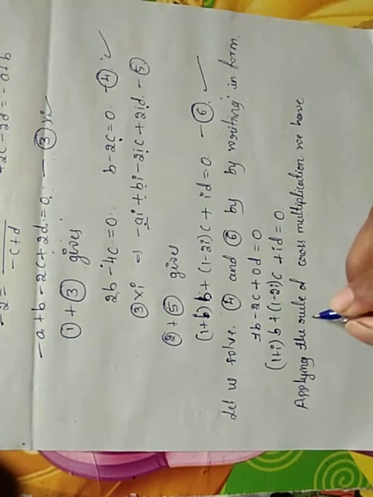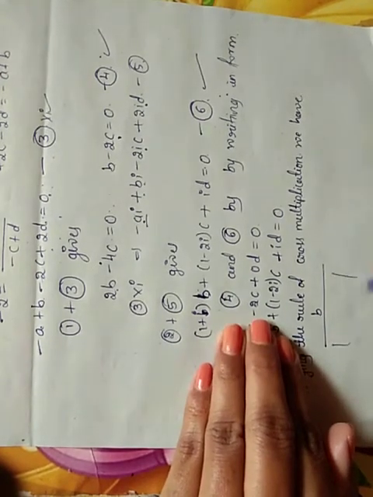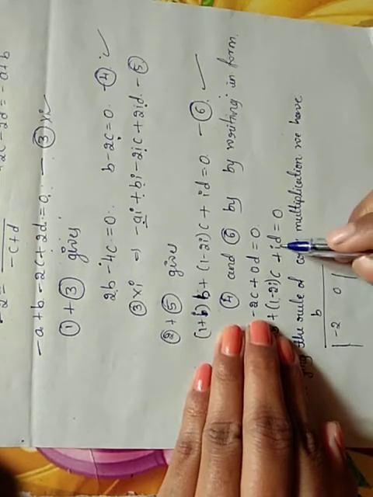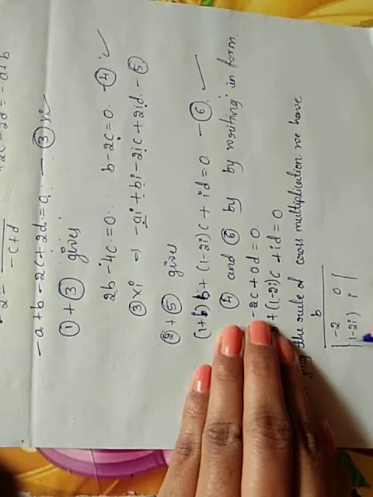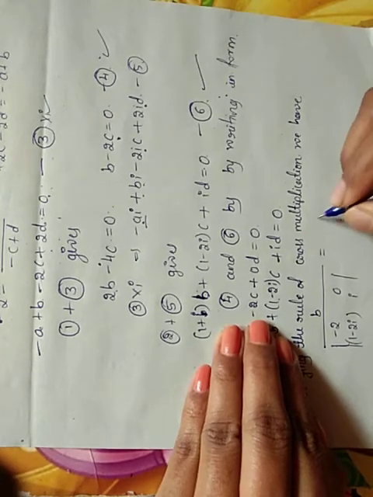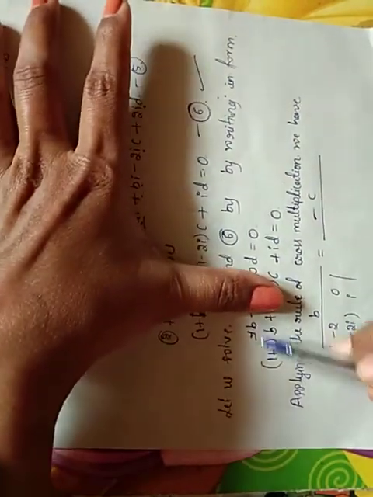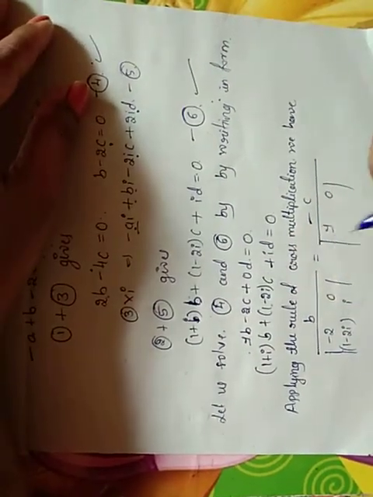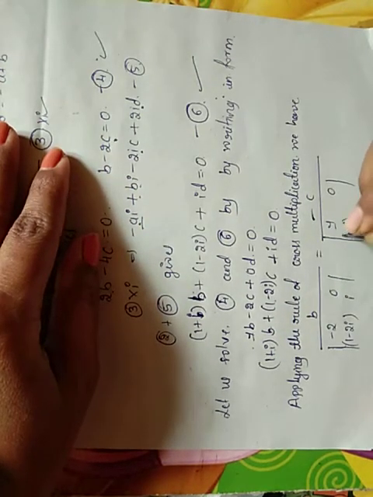b, c, d are the unknowns here. So b divided by, close the b here, determinant of minus 2, 0, 1 minus 2i, i. Next minus c divided by, close the c here, coefficient of b is 1, coefficient of d is 0, coefficient of b is 1 plus i, coefficient of d is i.